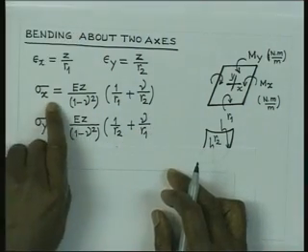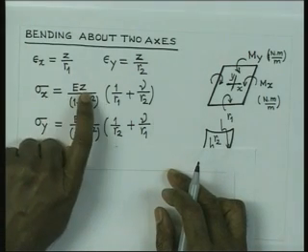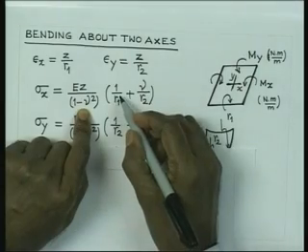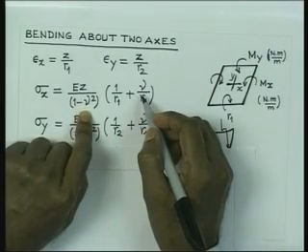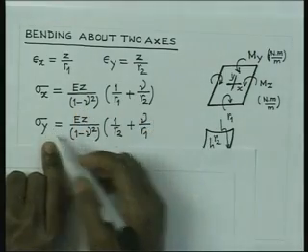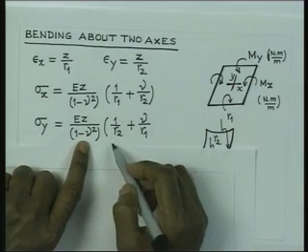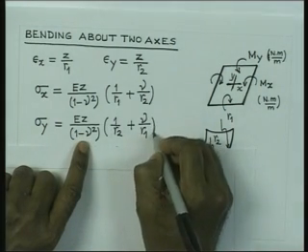So, it is nothing but sigma x is equal to E by 1 minus nu square into epsilon x plus nu times epsilon y. Similarly, sigma y is equal to E by 1 minus nu square into epsilon y plus nu times epsilon x.